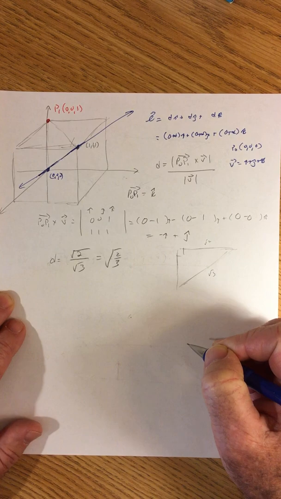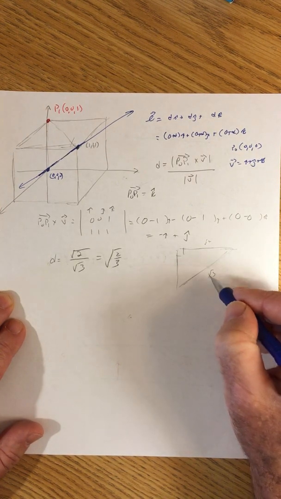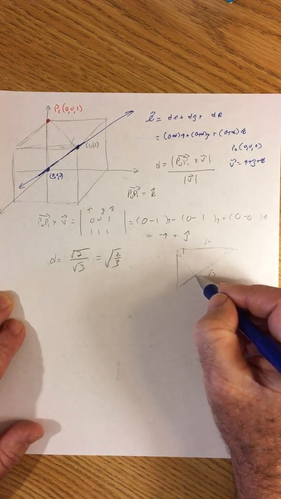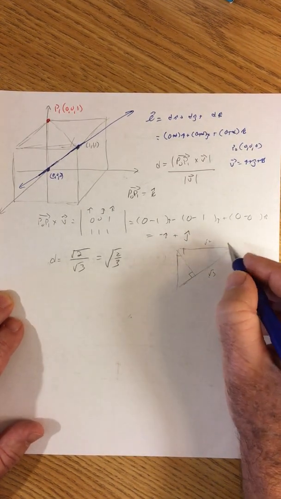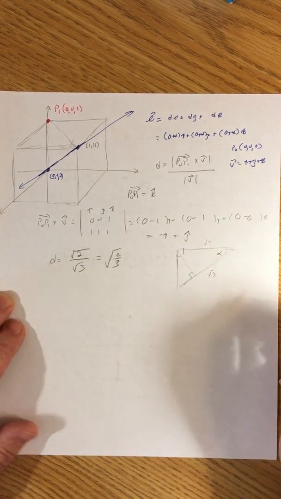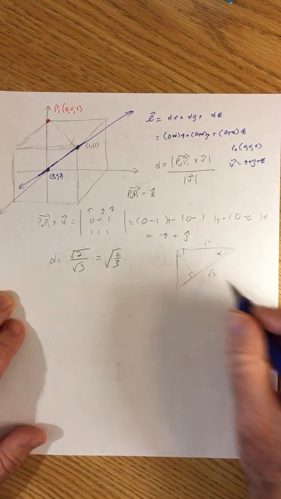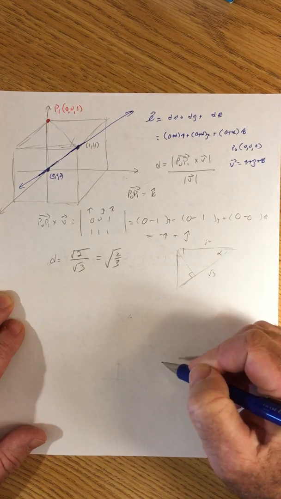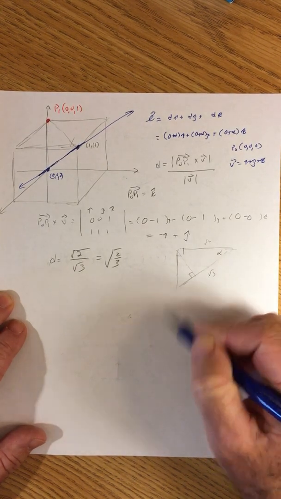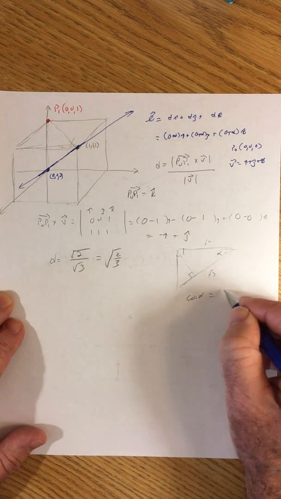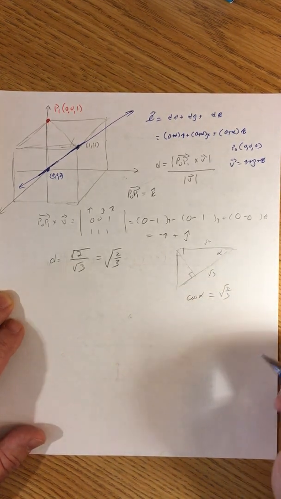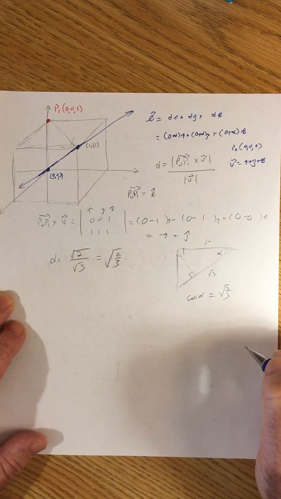And the shortest distance between this point and this thing is right in here. Now, you may not remember this, but we found this angle, alpha, by dot product techniques. It turned out that the cosine of that angle was the square root of 2/3. I don't know if you remember that one, but it is.